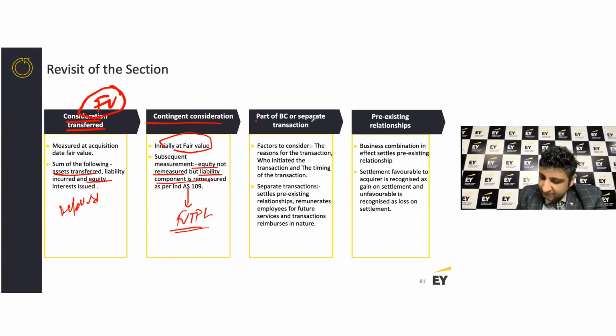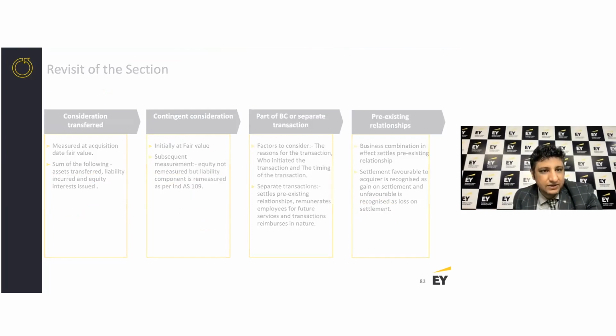Again, whether you pay something as a part of the business combination or as a separate transaction, you need to look at multiple factors, right? And similarly, the pre-existing relationships would need to be cancelled out, and a settlement is considered on that part.